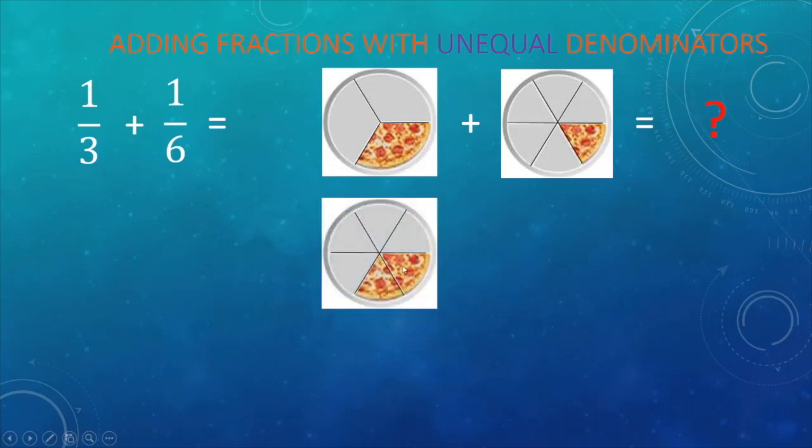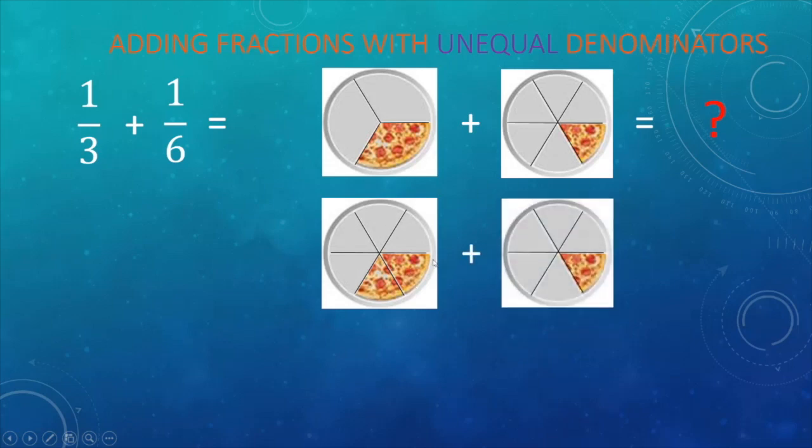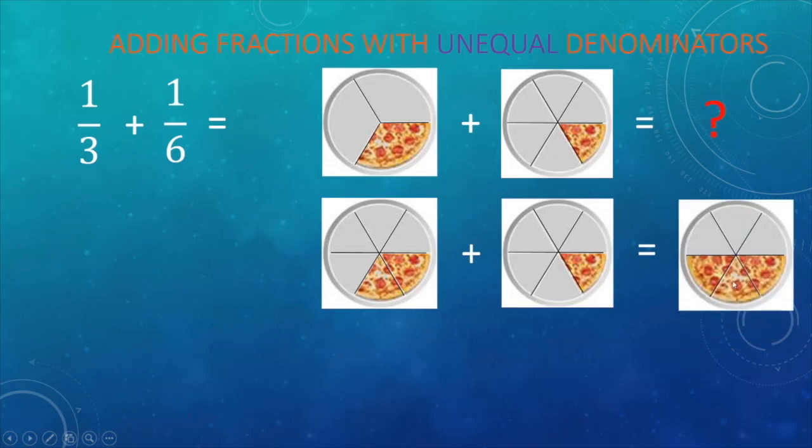And now we will have 2 parts out of 6. So we have the parts of equal size. So now we can easily add them. So if we put this piece on the first plate, in total we will have 3 pieces out of 6.